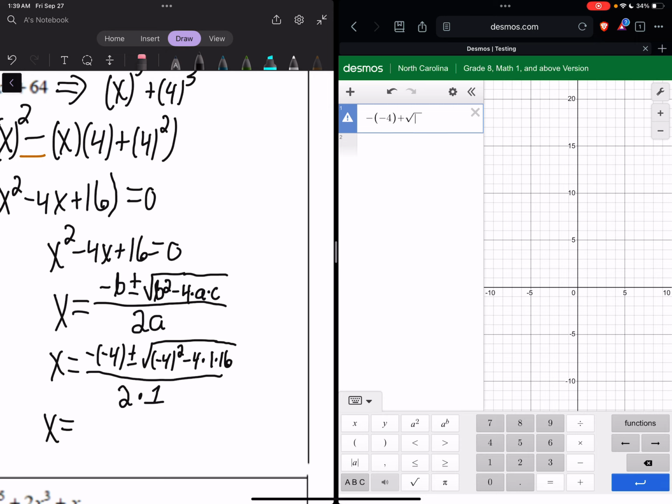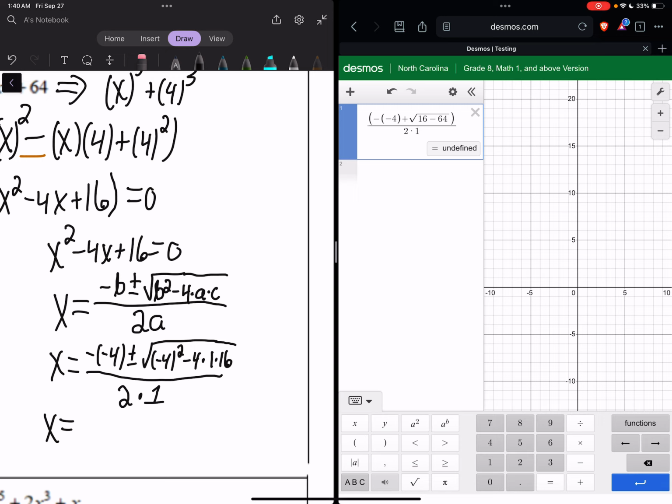I'm going to do this math just because it's easier for me to say it and actually type it in that way than type in all the symbols. But negative 4 squared is 16. And minus 4 times 16 is 64. Times 1 is 64. All over 2a, which is 2 times 1, which is just 2.